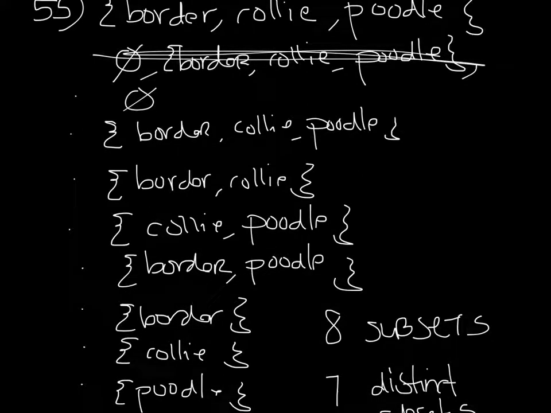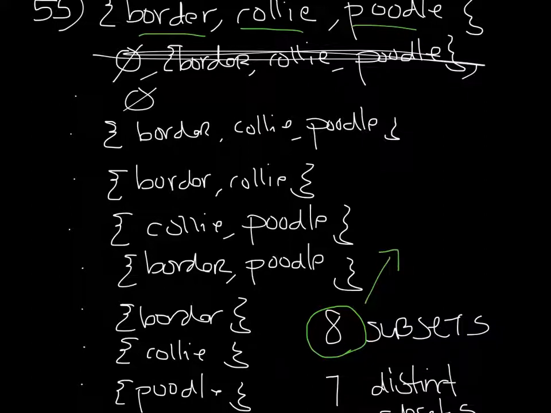So again, hopefully that makes sense. Oh, and one last thing, I promise. I wanted to say this 8: anytime you have a set with 3 elements, there's a formula for this. The number of subsets is always 2 raised to the number of elements.